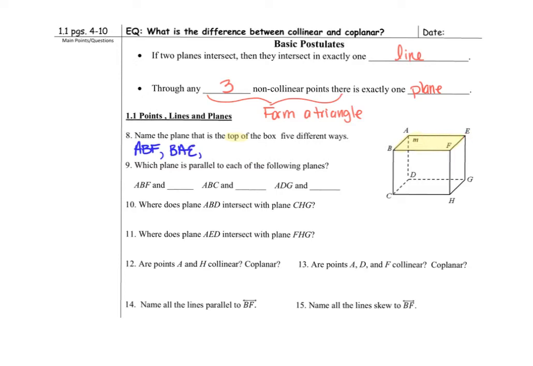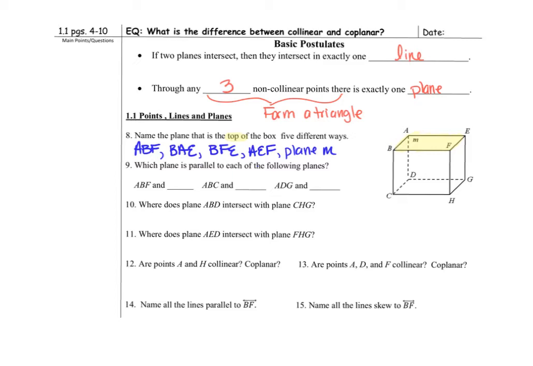I can use B, F, E as another one. I can also use A, E, F. And you can see there's a little M right here, so we can also label it as plane M.